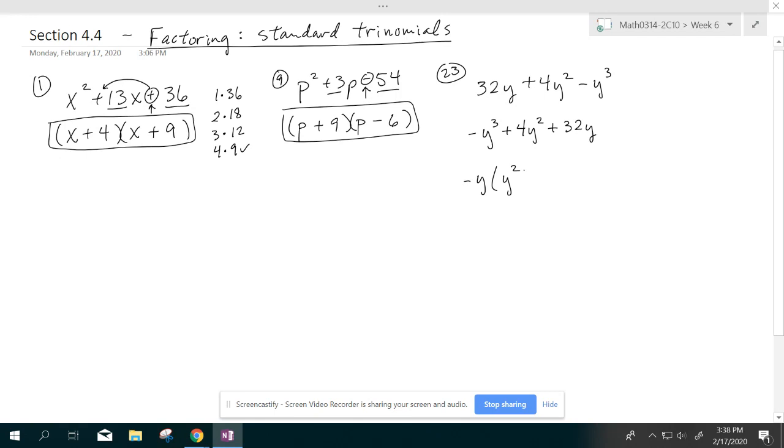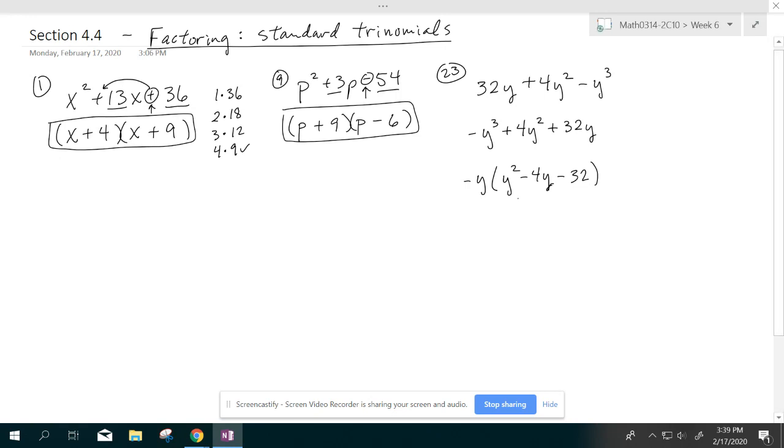We're going to have a positive y squared. Positive divided by a negative. Careful. And positive divided by negative leaves a negative 32, and I took his y. He is y-less.